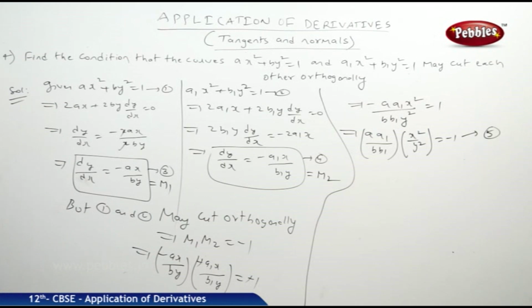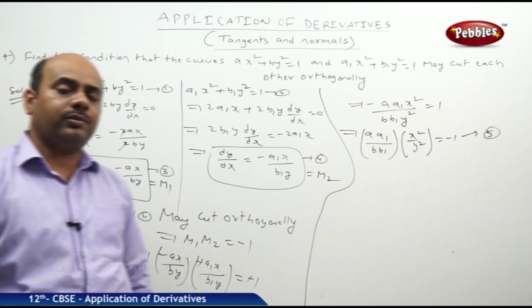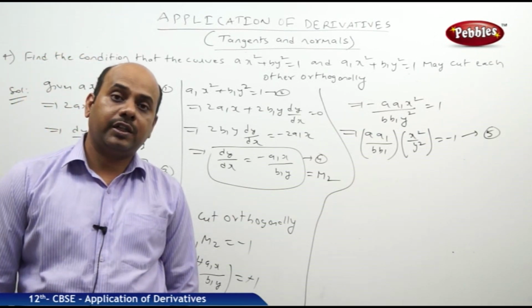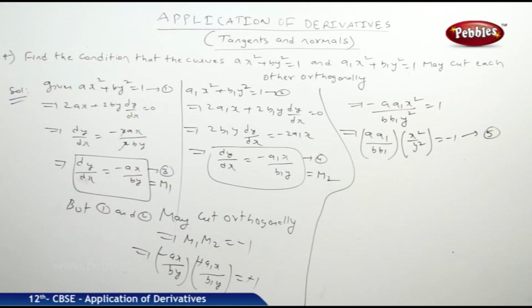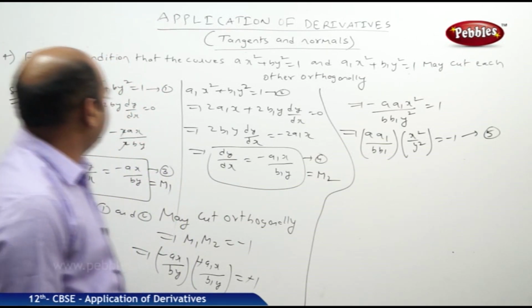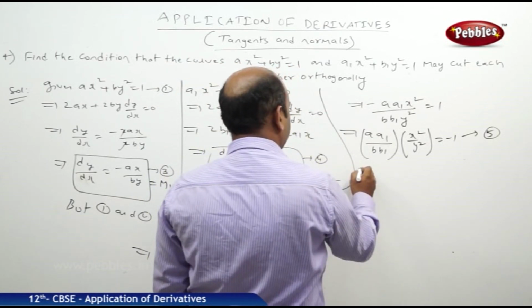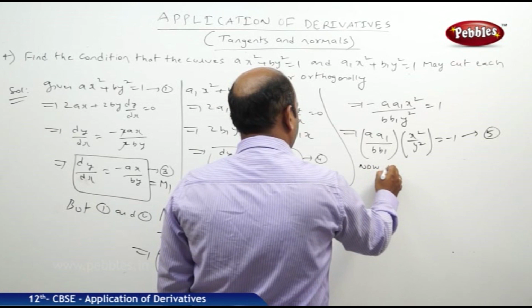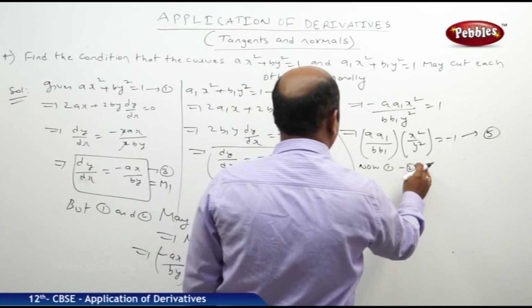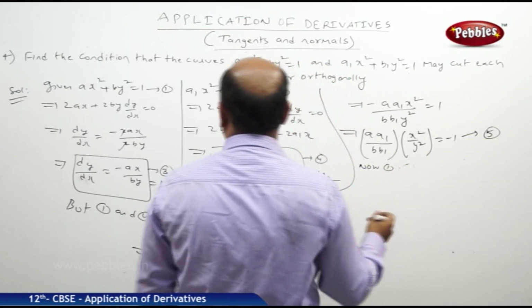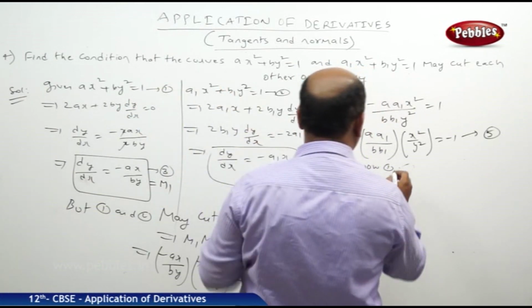This might be the condition, but in this condition variables x and y are there. I would like to remove those variables also. How can I remove those variables? Just I will subtract 1 and 2. Now 1 minus 2, or I will make 1 equal to 2 because both the curves are equal to 1 only.